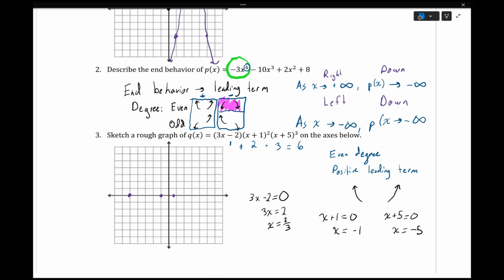Now the question is, what does the graph do at those zeros? And we have 3 options. So at our zeros, or at our x-intercepts, a graph can just straight cross, just go through it, nothing special. It can bounce, which means it changes directions at the x-intercept, or it can do what I call a shimmy, where it crosses, but it flattens out.